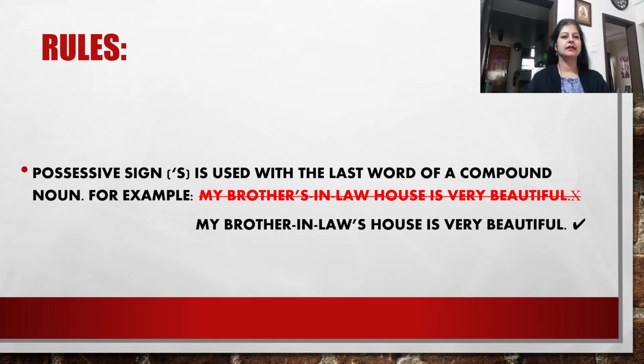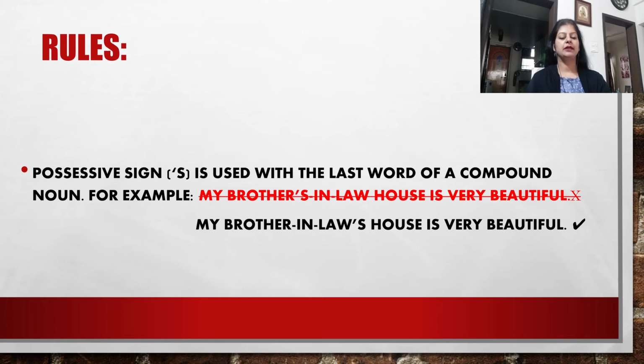Now let's see the possessive case in the case of compound nouns. You know what a compound noun is? A noun made up of two or more words that join together to make a single noun. For example, keyboard, table tennis, blackboard, etc. So the possessive sign is used with the last word of a compound noun.